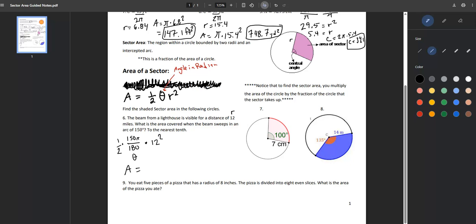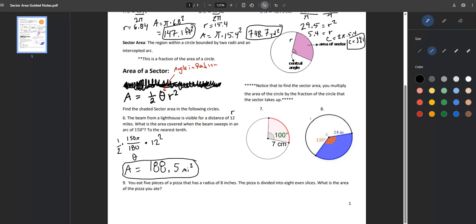Let's do that right now. And I end up with 188.5 if I round, and that's going to be miles squared.